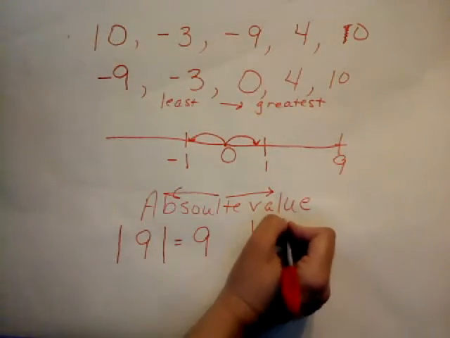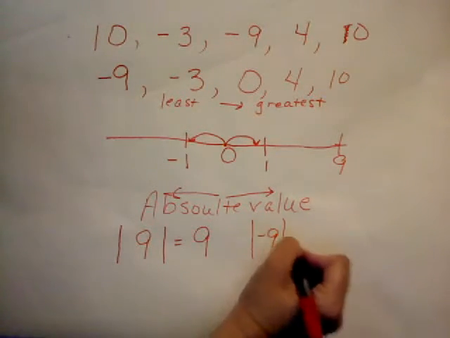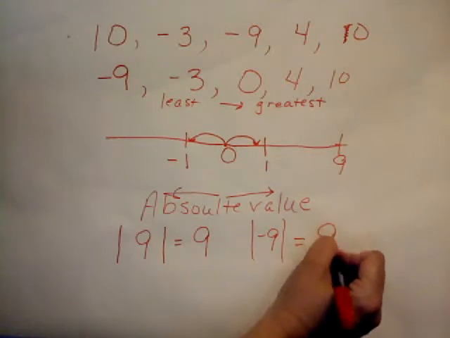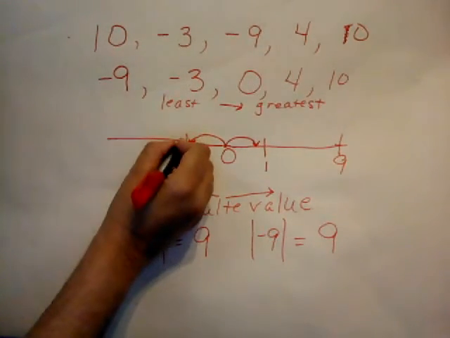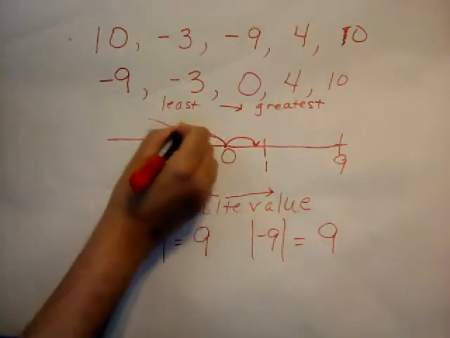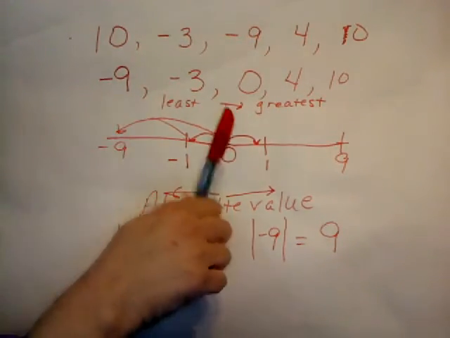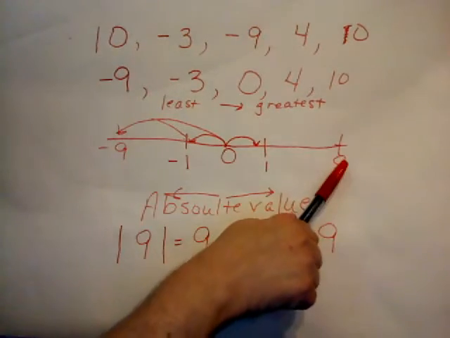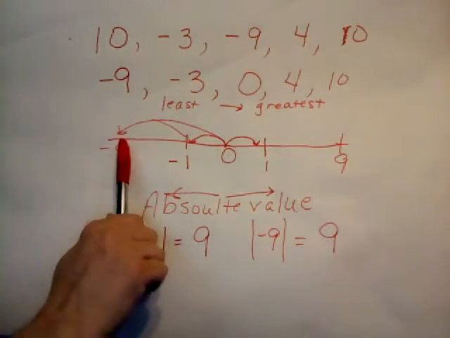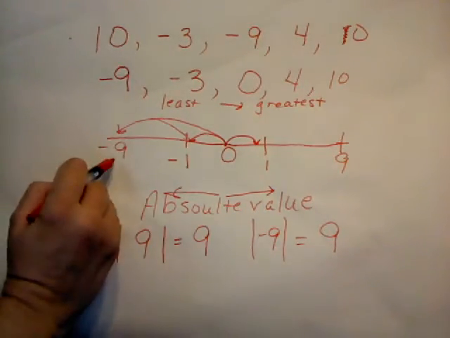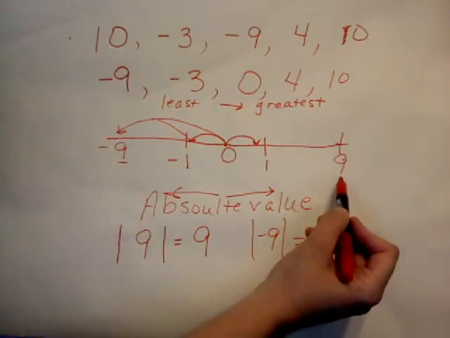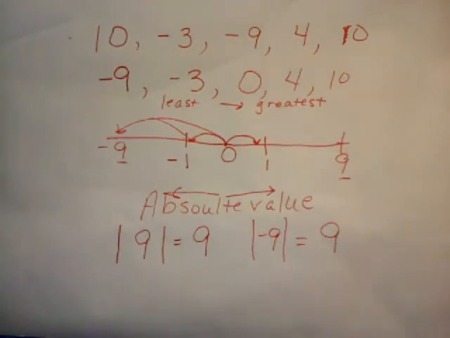If I put in a -9, I'm still going to get a 9, because how many spaces is it from 0 to a -9? A -9. It doesn't matter if I walk forward 9 or if I walk backwards 9. I still land at 9 spaces when I get there.